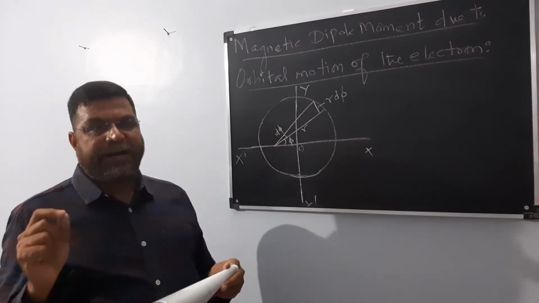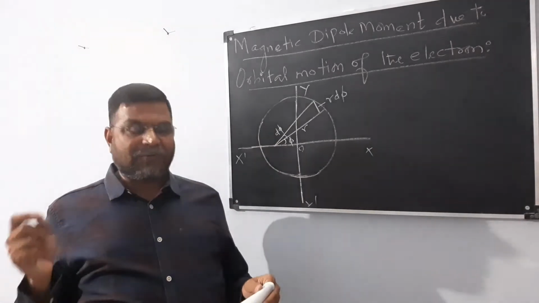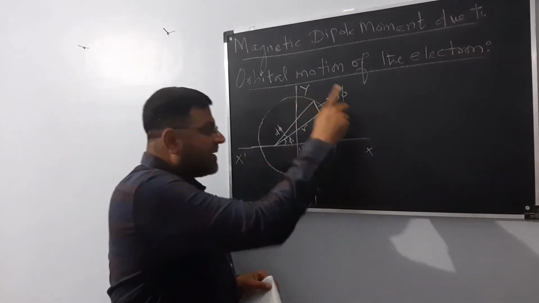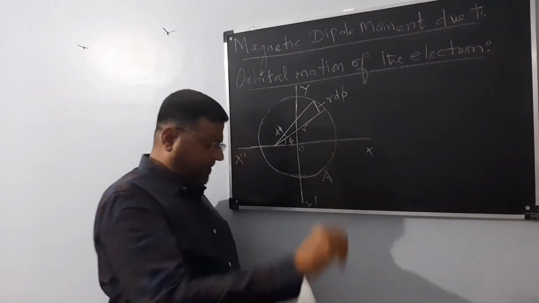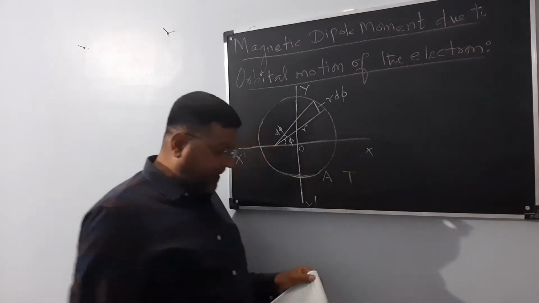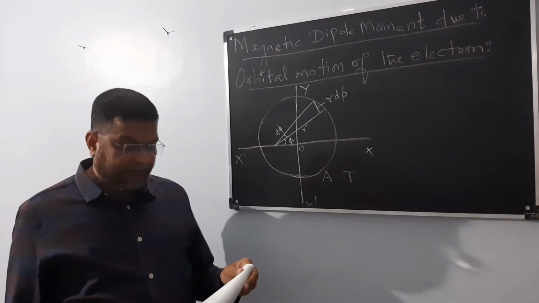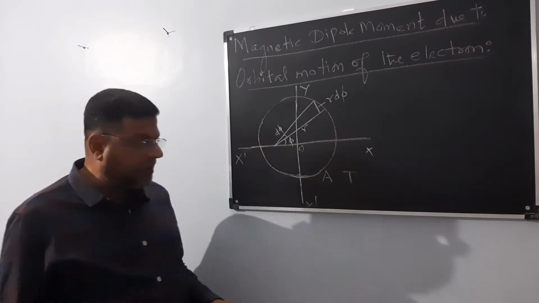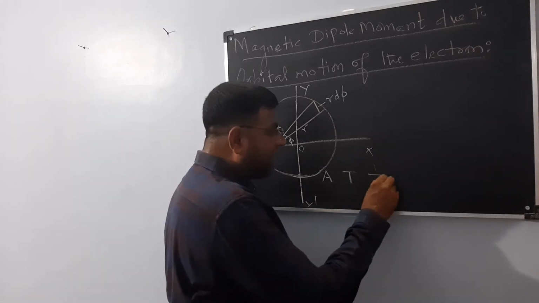So now first point, let us consider an electron moving in an elliptical orbit of area A with a period, means time T, as shown in the figure. The electron crosses any point in the orbit at 1 by T time.